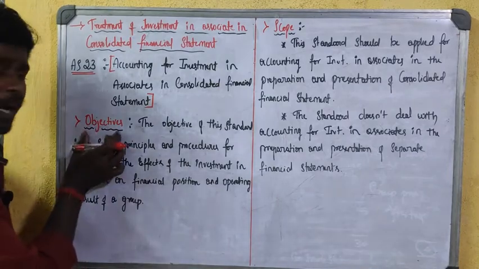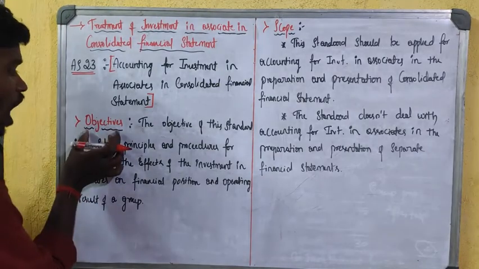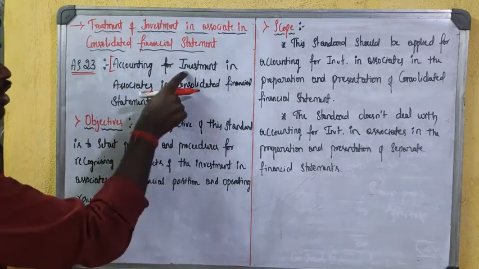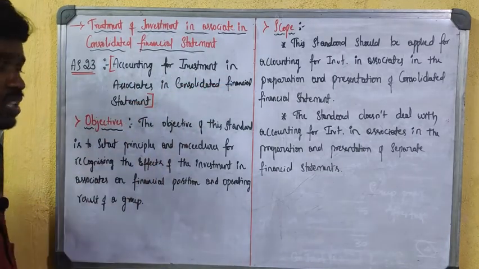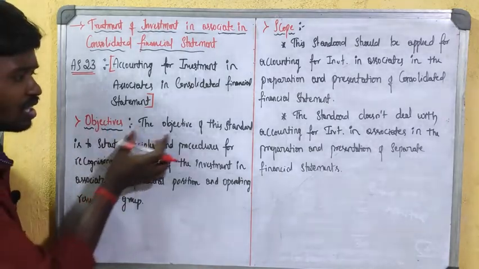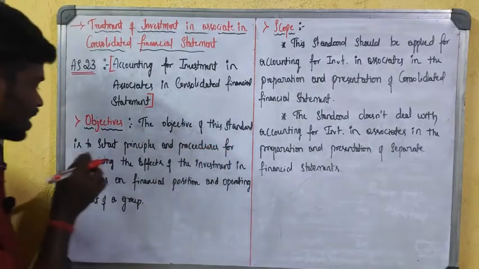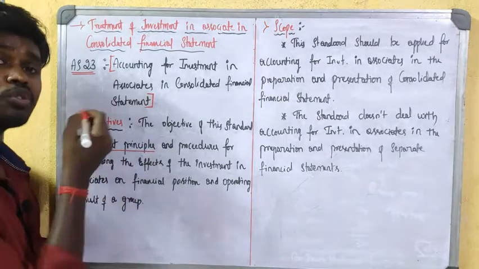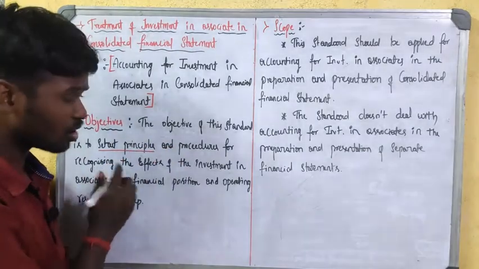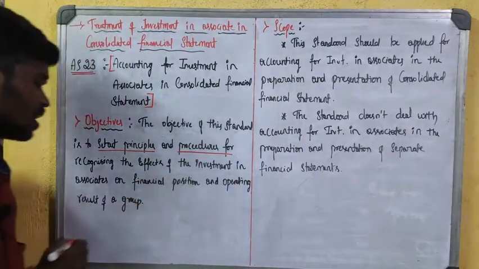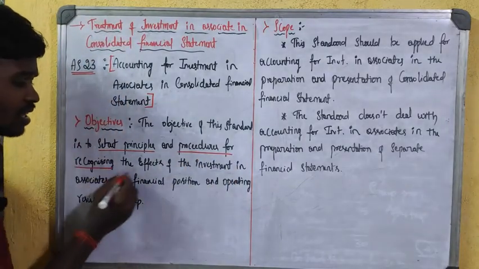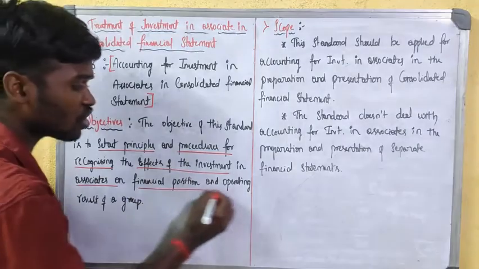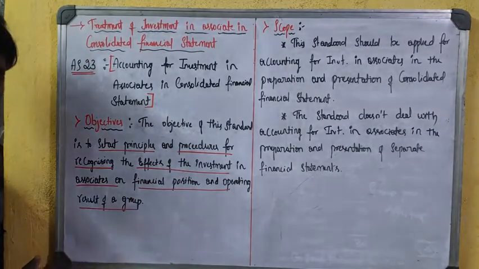See the objectives. The objective of this accounting standard 23, related to investment in the associate in consolidated financial statement, is to set out the various principles and also to implement the various rules and regulations and procedures related to recognizing the effect of the investment in the associates on the financial position and operating results of a group.